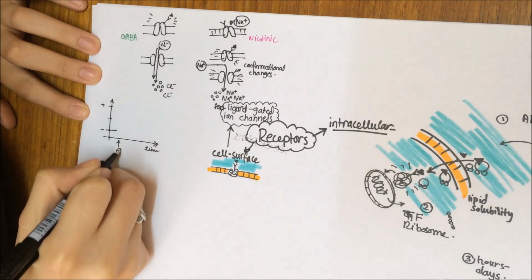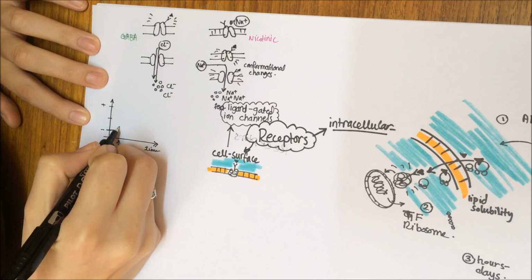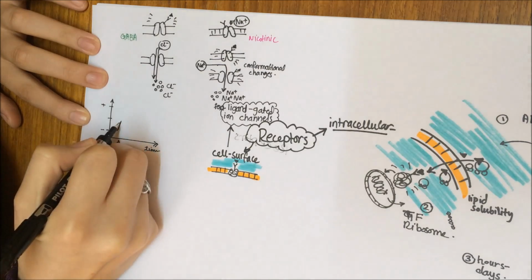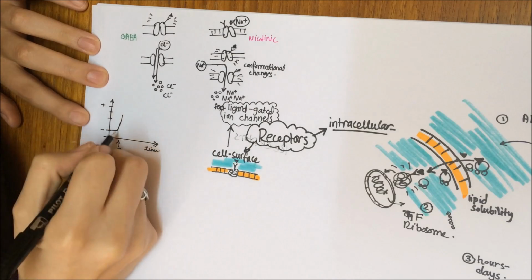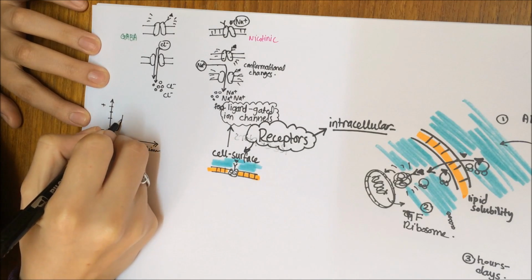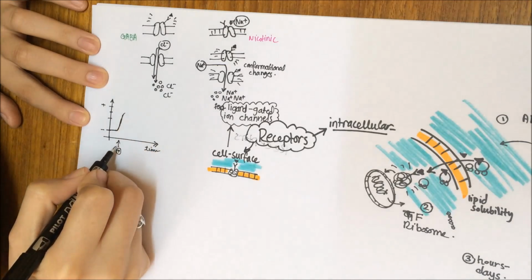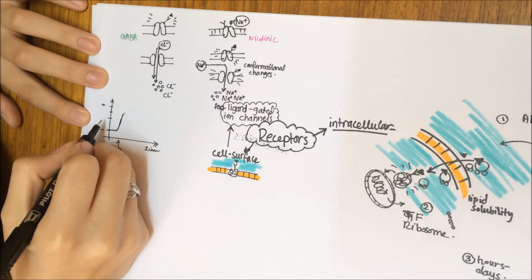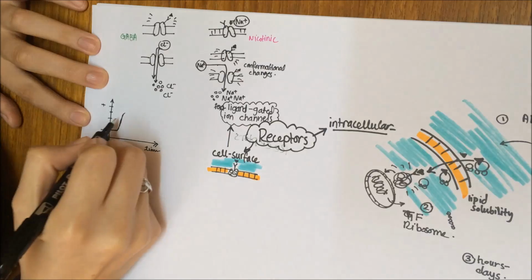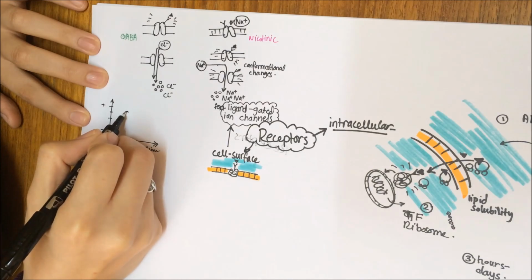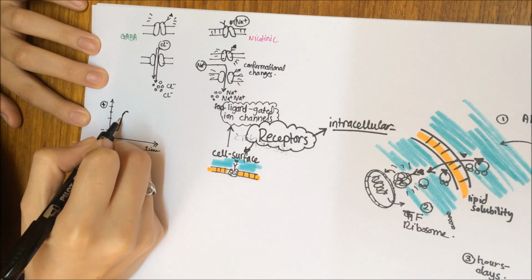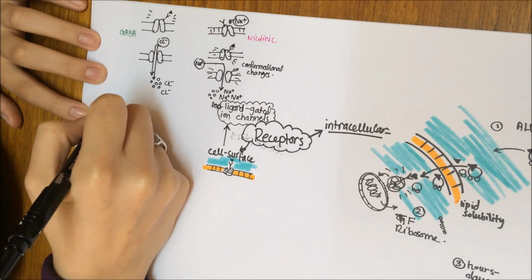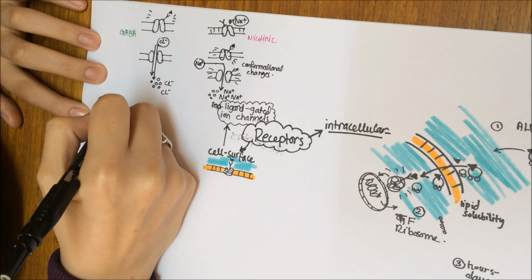Now when you get positive ions inside the cell, this is going to get higher until you reach a certain thing that we call the threshold. Okay, now this is the entrance of the positive ions to the inside of the cell. We reach the threshold, we're going to reach the action potential level in here. This is the positive that we are looking for. Now when you reach this, this is called the depolarization phase.